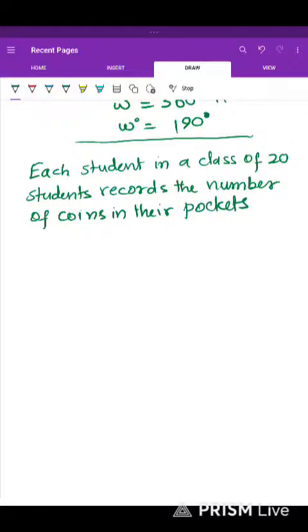So 20 students sitting in the class have coins in their pockets, and they are recording their count, how many coins everyone has. So the table shows the result. So this is the table.